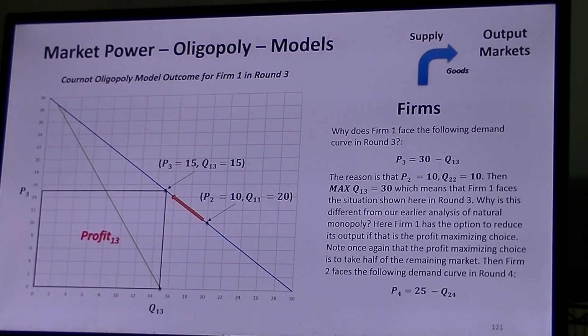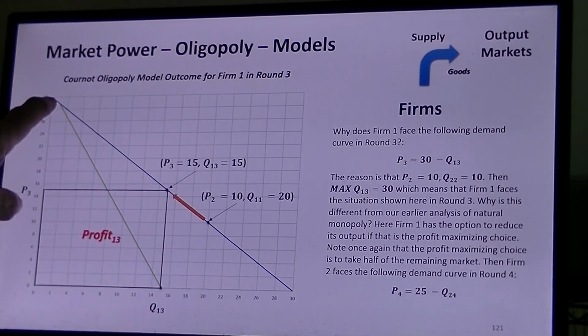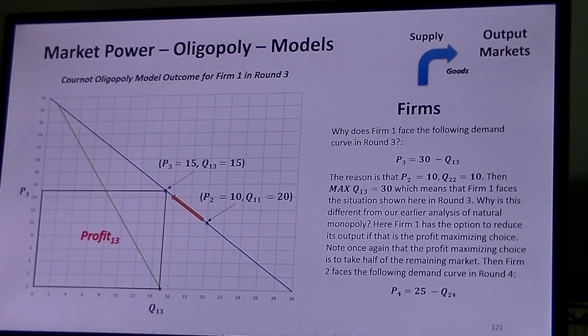So this firm now faces 30 units, and they start all over again. And also here the firms can charge a different price.